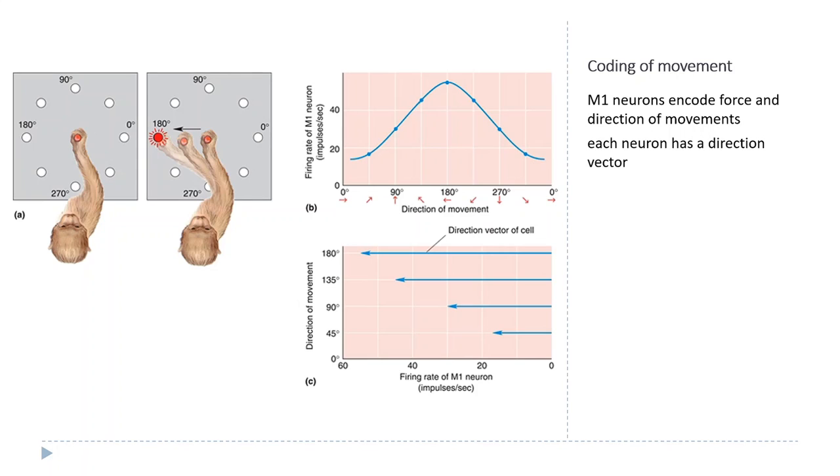The assumption is there would be another neuron, or another set of neurons, for each direction. So there'd be a neuron that had a direction vector for 90 degrees, a direction vector for 0, and so on, and all the degrees in between. It's just that this particular experiment only allowed the monkey to move in 8 directions and in one plane.